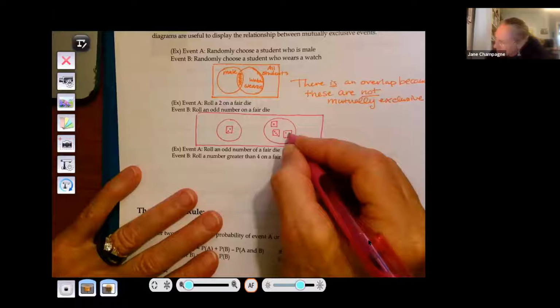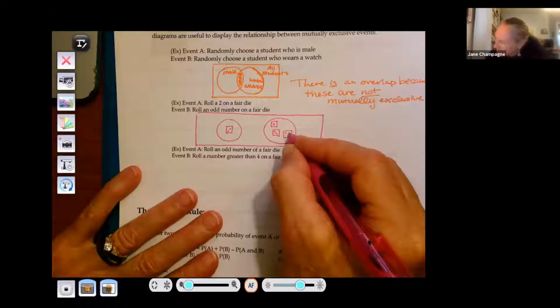Okay, second example. Rolling a 2 on a fair die versus rolling an odd number on a fair die. All right, well, let's see. We've got a fair die. And let me make this one bigger. So rolling a 2, that's just one specific roll, right?